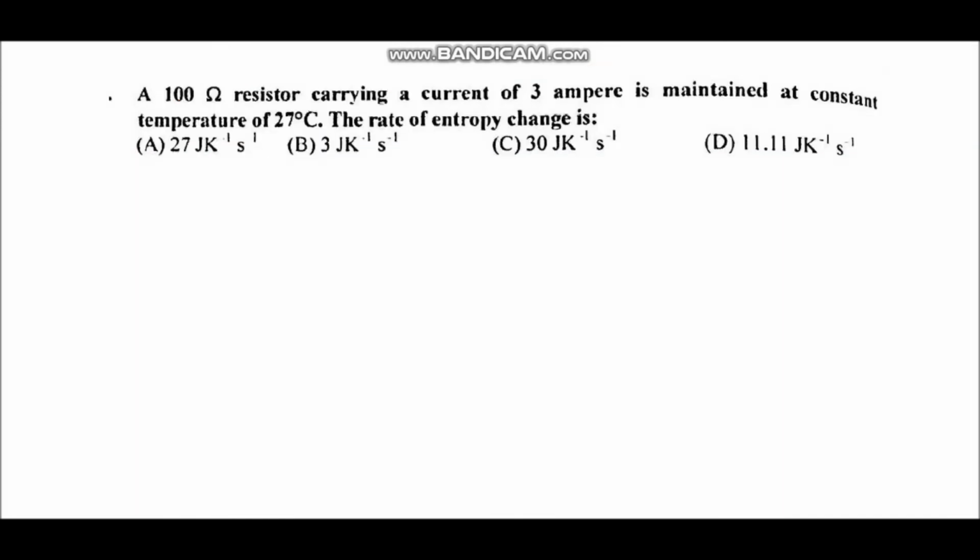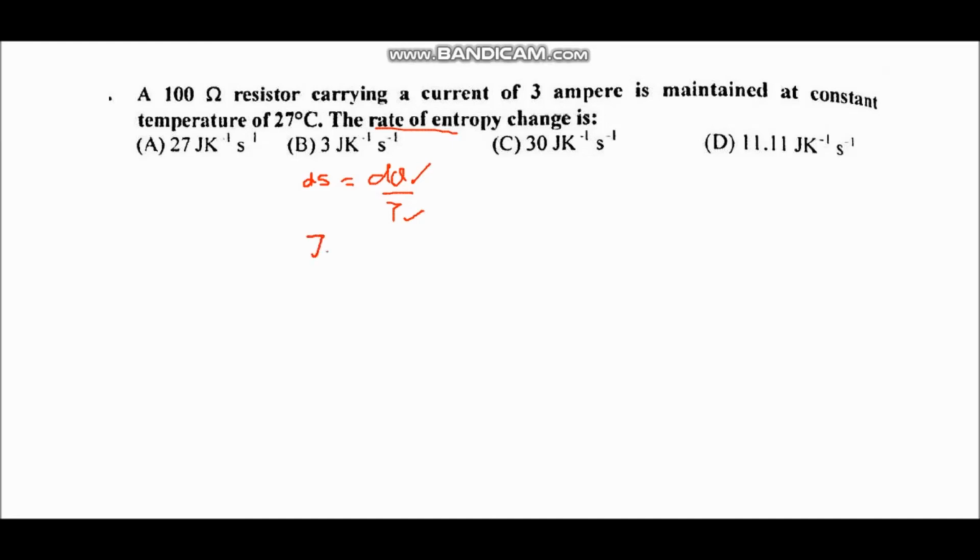Next question is, a 100 ohm resistor carrying a current of 3 ampere is maintained at a constant temperature of 27 degrees Celsius. The rate of entropy change is, so we have to find the rate of change of entropy. ds is equal to dq over T, heat change over temperature.